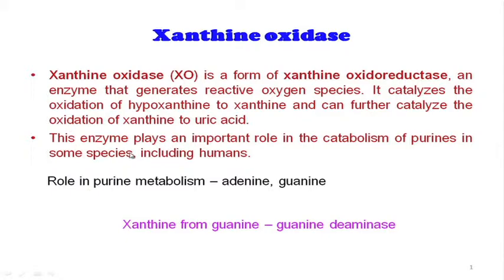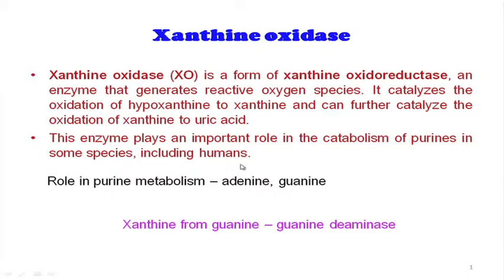Therefore, this class of enzyme plays an important role in the catabolism of purine in some species including humans. So, if we go for a catabolic reaction on purines and these purine molecules are not available, because these 2 purine molecules are very important, we all know the adenine and guanine.